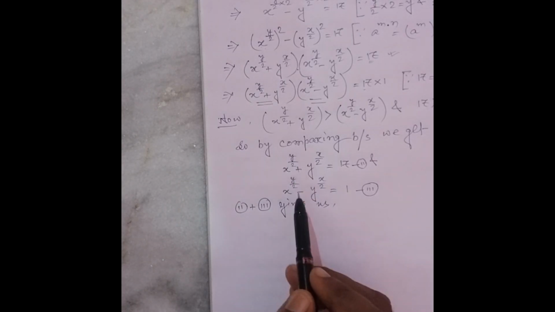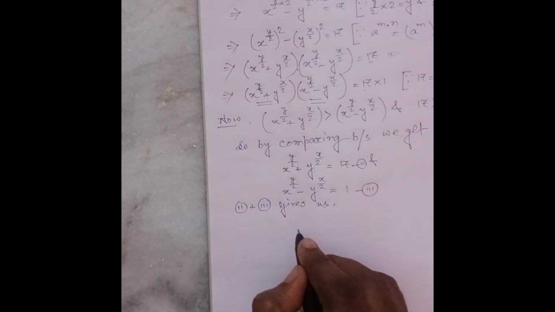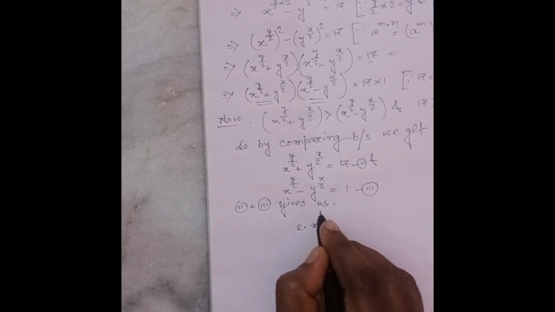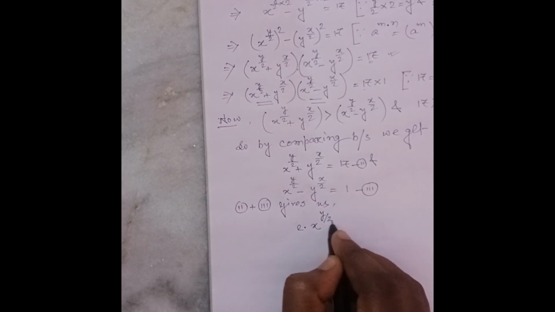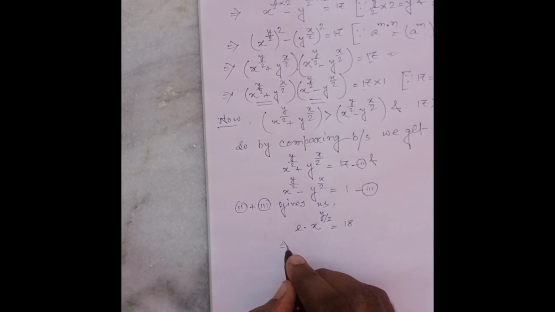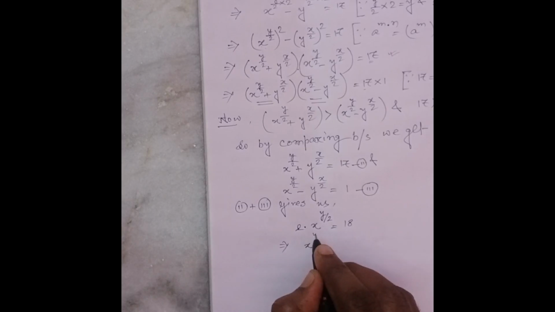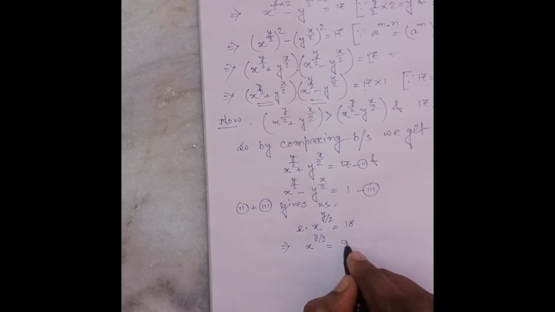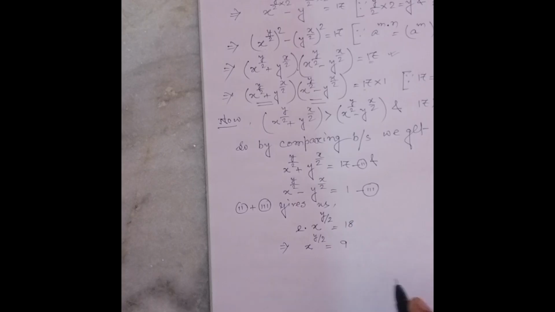What remains? x to the power y by 2 plus x to the power y by 2, that is 2 into x to the power y by 2, is equal to 17 plus 1, 18. So x to the power y by 2 is equal to 9.